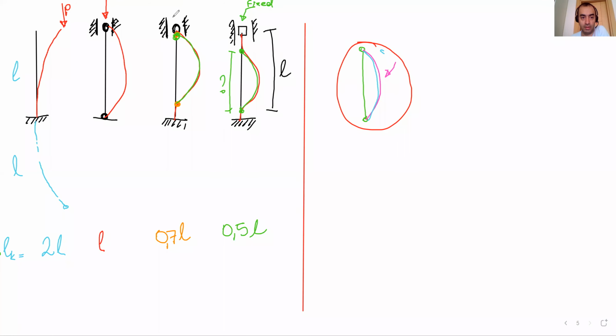This is pin. This is pin. Okay. This is the free end at the top. You have to know these buckling lengths. It's important to solve the problems in this case.